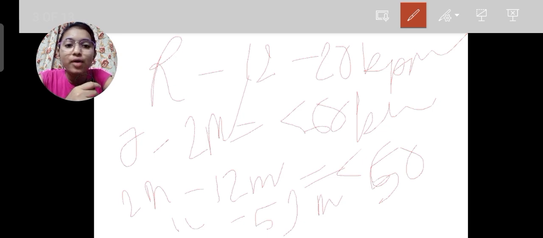That is the normal value according to the IMNCI guideline.